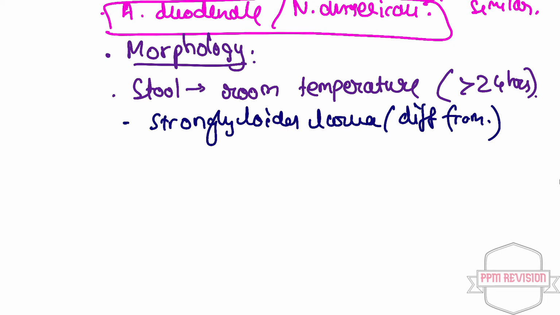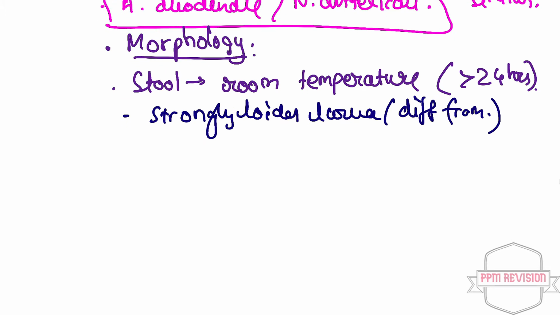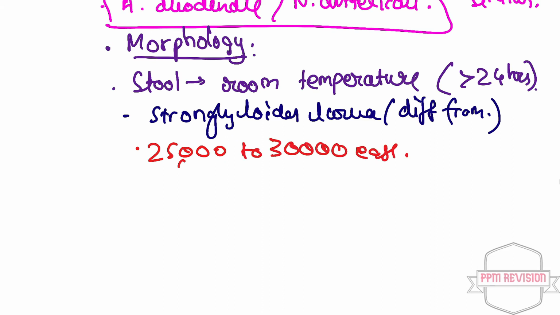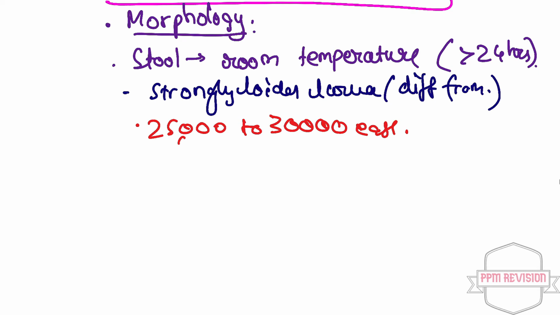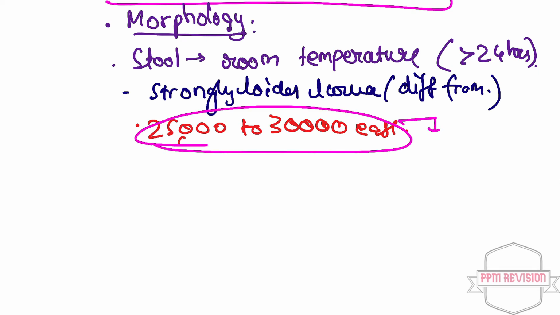And as mentioned earlier, it lays about 25,000 to 30,000 eggs, and the number indicates the severity of the infection.